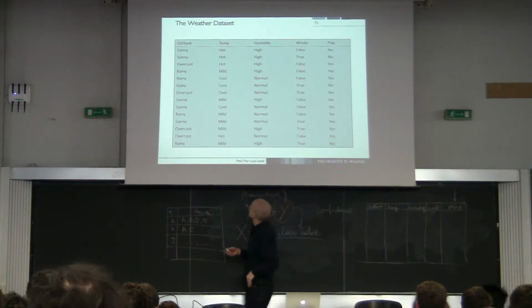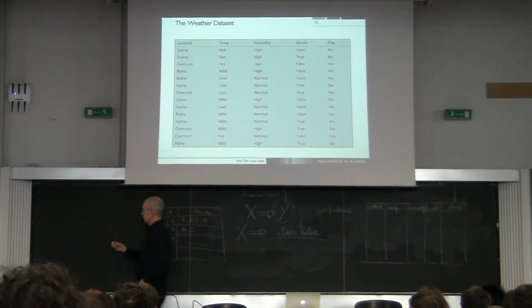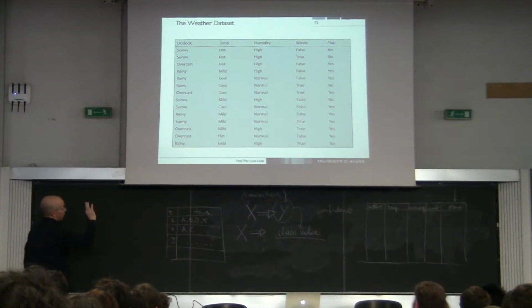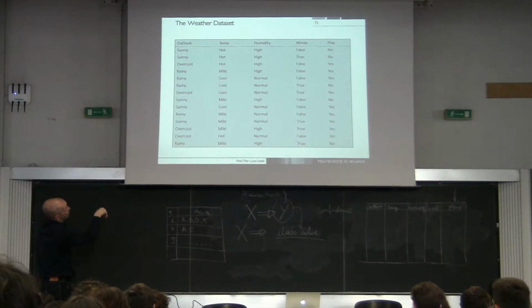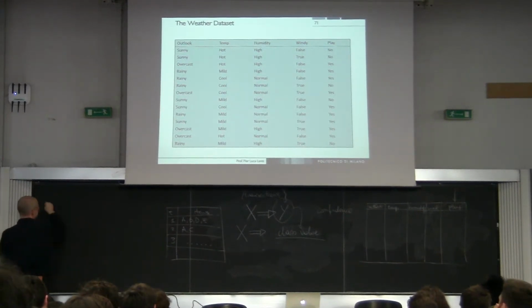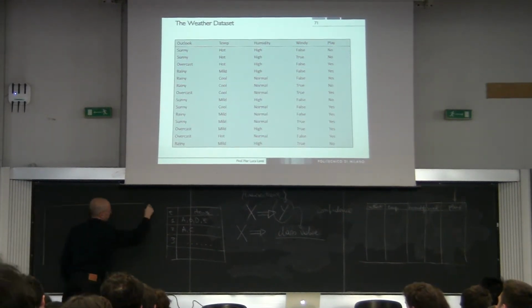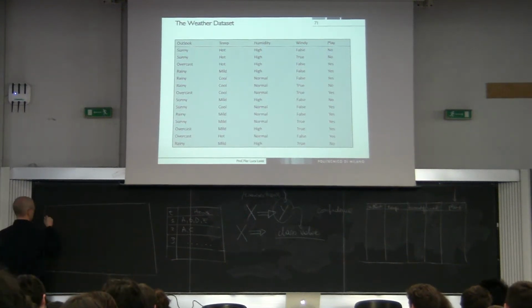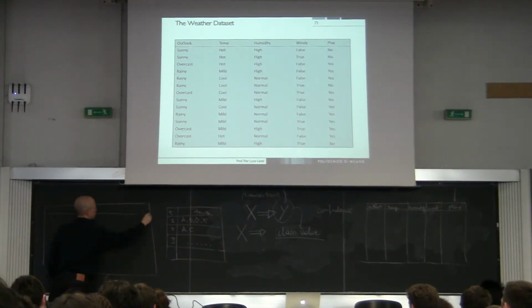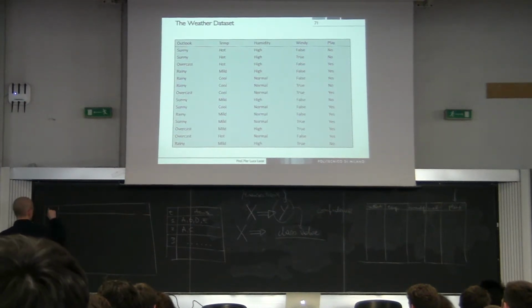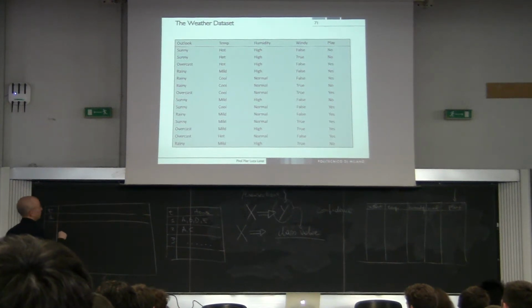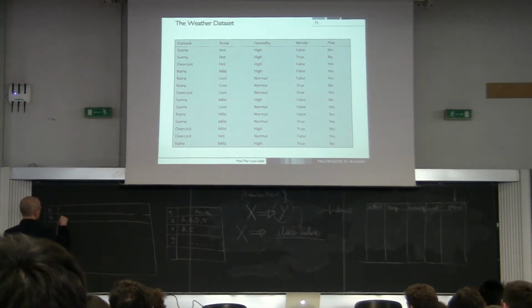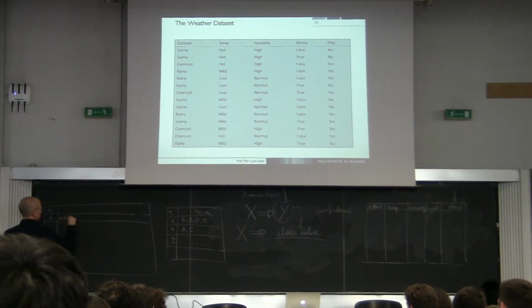So for instance, the first row you see sunny, hot, high, false, no. Transaction-wise, if I consider this as a transaction database using association rule mining, it becomes something like this. It's basically equivalent to saying Outlook is equal to Sunny, and this is one item.